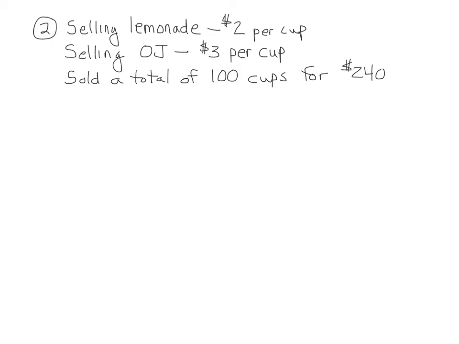Okay, let's start with, this seems to be the easiest. You sold a total of 100 cups. So that information right there, I'm going to make into an equation. So that means I have lemonade plus orange juice, and altogether there are 100 cups. So X is going to stand for cups of lemonade.